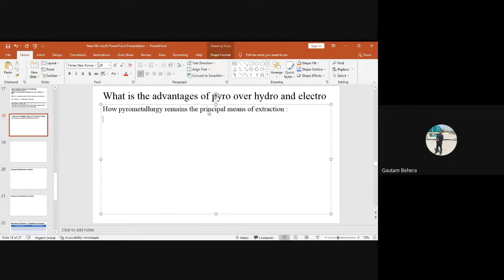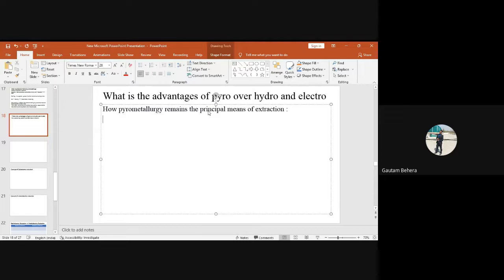Even if pyrometallurgy is carried out at a very high temperature, and we need flux and fuels, right? That means we need high temperature and all, but still pyrometallurgy remains the principal means of metal extraction, not hydrometallurgy, not electrometallurgy. There are a few characteristics of pyrometallurgy that make it the best suited process. In other words, pyrometallurgy is an economical process of metal extraction whenever we are dealing with extraction of metal in bulk amounts.